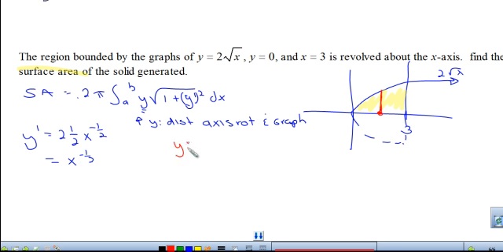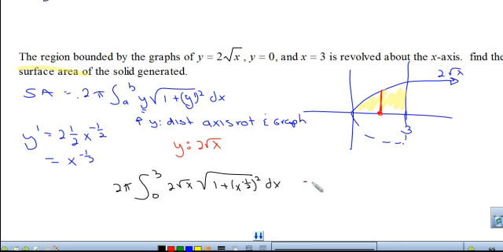So y is going to be 2 square root of x. So my surface area is going to go from 0 to 3 of 2 square root of x times the square root of 1 plus x to the negative 1 half squared. And I end up with 56 over 3 pi.